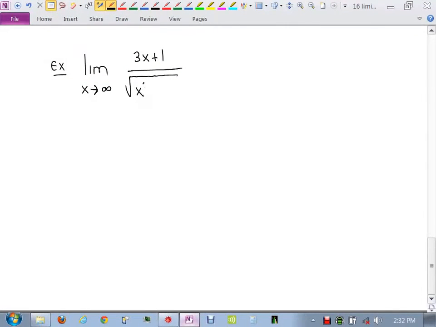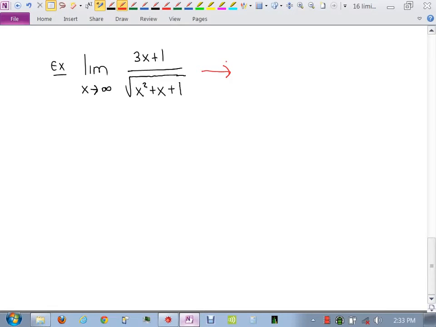x squared plus x plus 1. All right, let's try and let x go to infinity and see what happens.